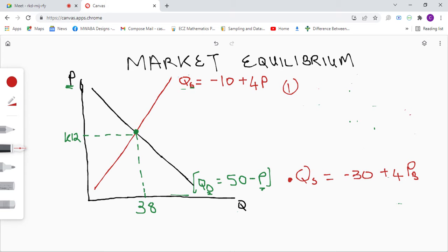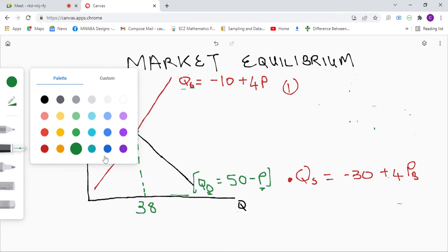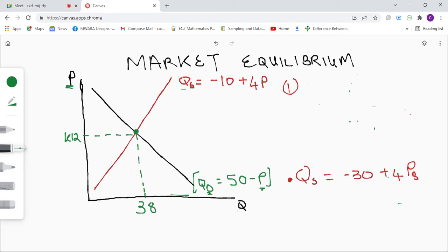So 50 minus PB, which is our demand function, equals negative 30 plus 4PB. That's step one.